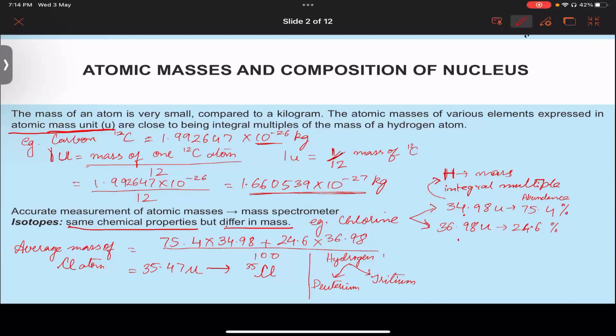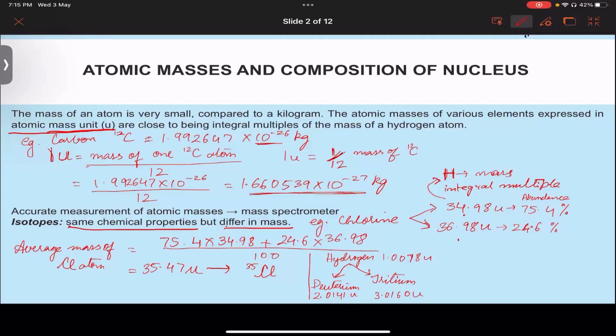The mass of hydrogen is 1.0078 U, deuterium is 2.0141 U, and tritium is 3.0160 U. Hydrogen is the lightest atom, and we consider it as one. That is why we have integral multiples of the hydrogen atom as one unit.